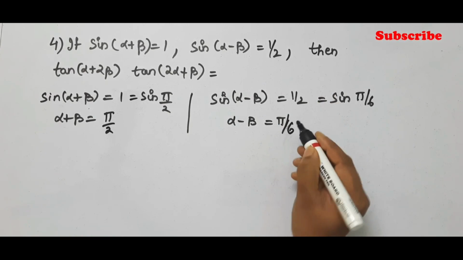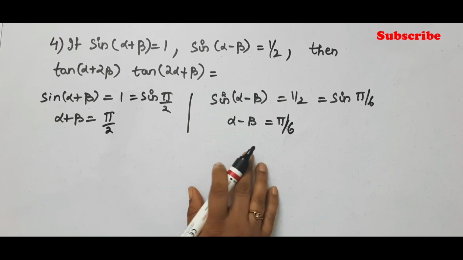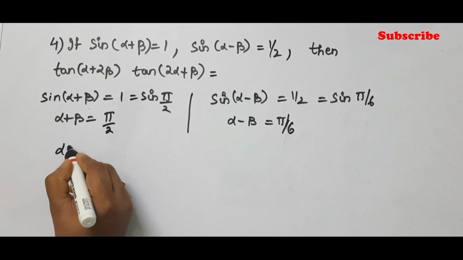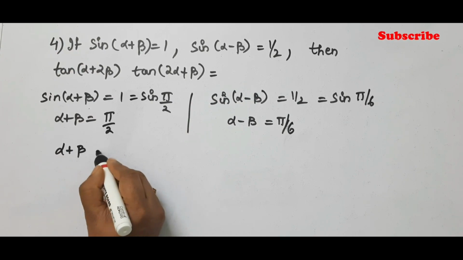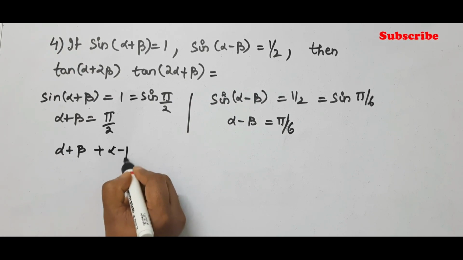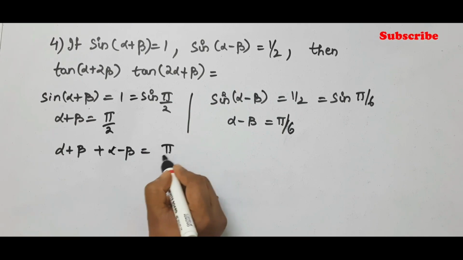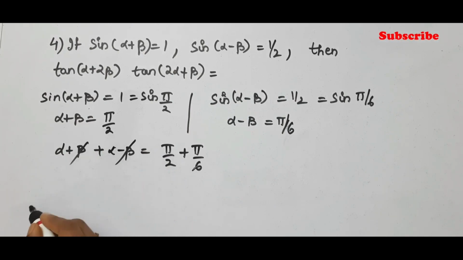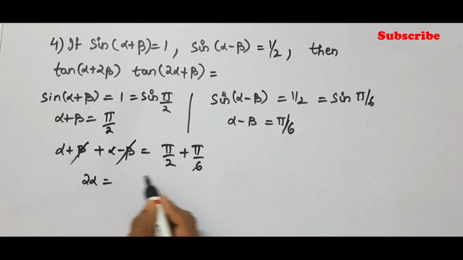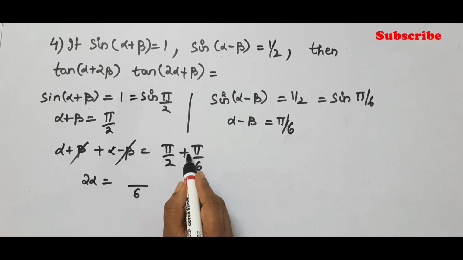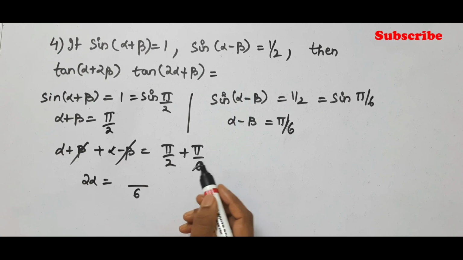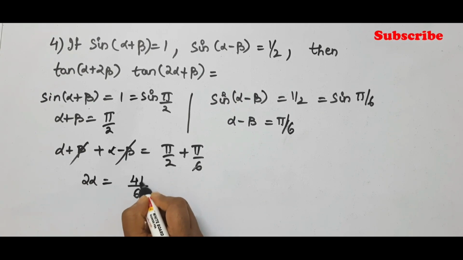Now by adding these two, we have to get the values of alpha and beta. So first let us add these two: alpha plus beta plus alpha minus beta equal to pi by 2 plus pi by 6. So beta will be cancelled, we will get 2 alpha is equal to, the LCM is 6, so 3 pi plus pi is nothing but 4 pi over 6.